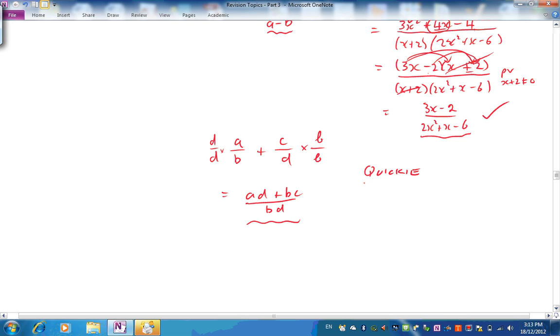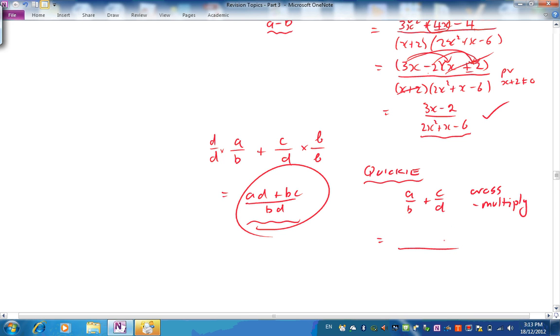There is a quickie way of remembering that. Not good maths behind it, but if you want to do it quickly, watch this now. I don't really support the idea, but it is a quick method. It's called cross multiply. And when you're doing it, if you're a good mathematics student, you would know why you're doing it. But to get to this end point most quickly, you can say, I multiply these two together and cross multiply this.